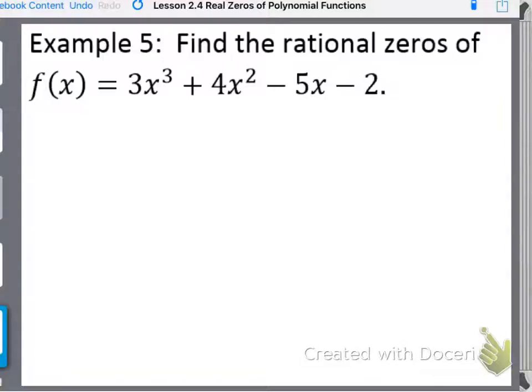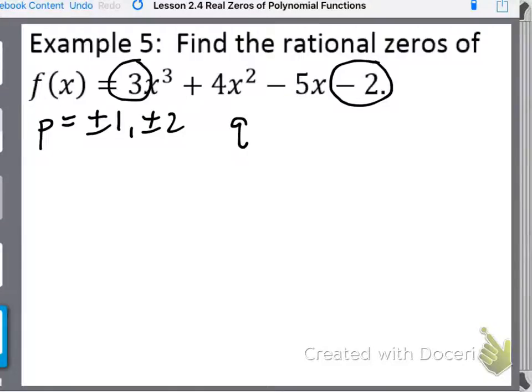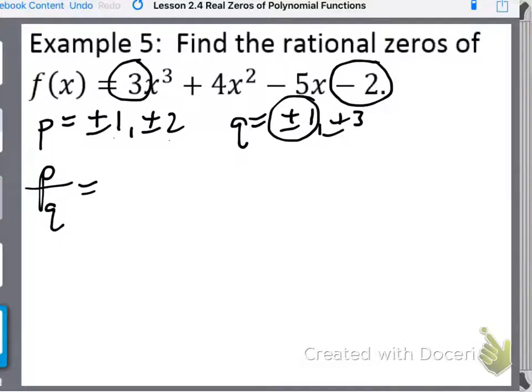So here's our constant term. So our p is plus or minus 1, plus or minus 2. Those are the factors. Here's our lead coefficient. So plus or minus 1, plus or minus 3. Now, when I go to divide these, I'm going to take each p and divide by the first factor of 1.